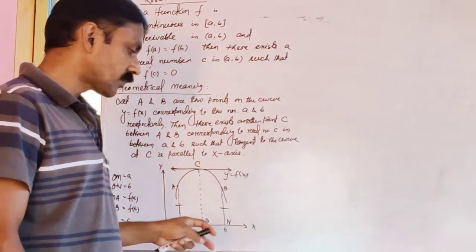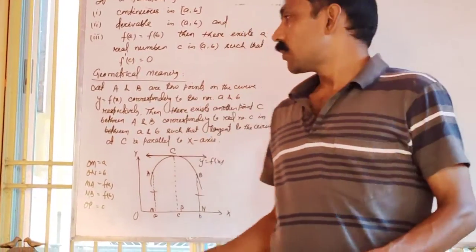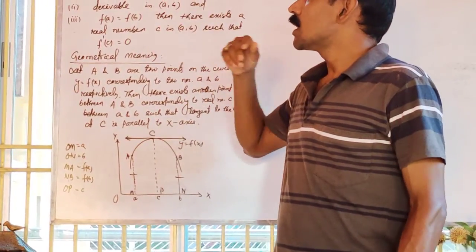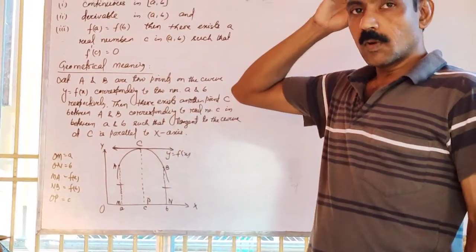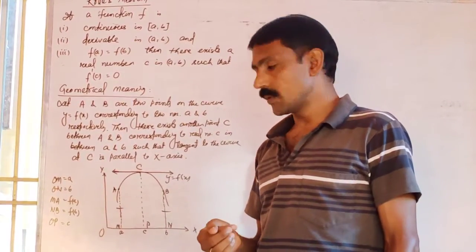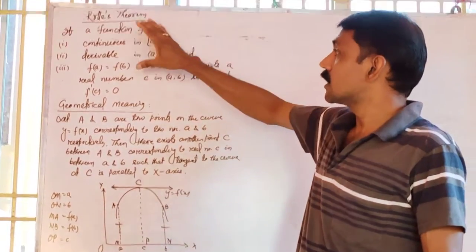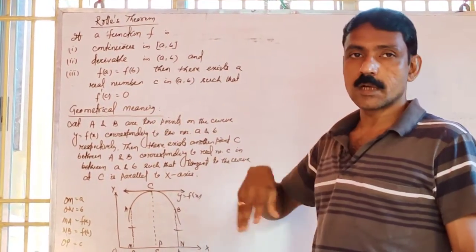Now here one question will be given. One function will be given and the question is: verify Rolle's theorem for the following functions. So first we will discuss the three conditions. If they are satisfied, then we will proceed like this.